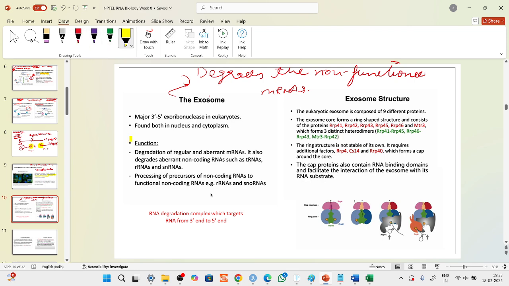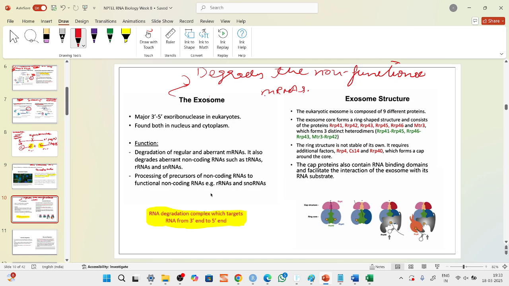This is what is important. If anybody asks you about exosomes, this you have to tell. We were talking about 3 prime to 5 prime exonucleases. So these exosomes are nothing but those 3 prime to 5 prime exonucleases, an RNA degradation complex which targets the RNA from the 3 prime end to the 5 prime.